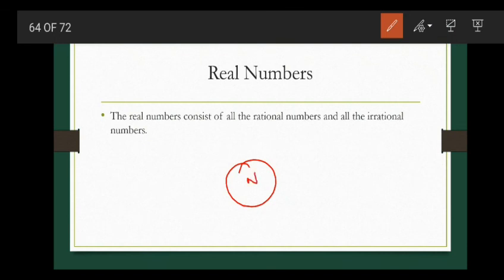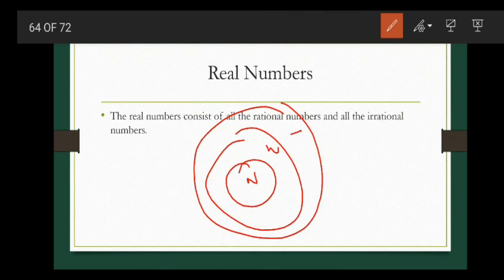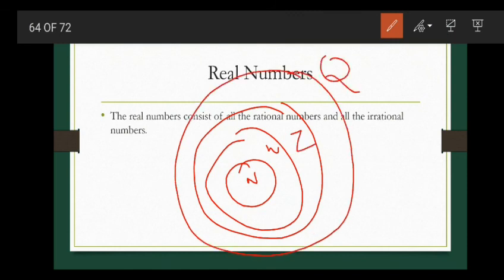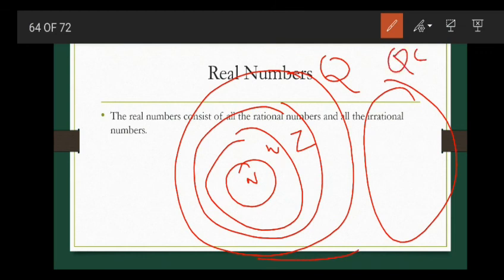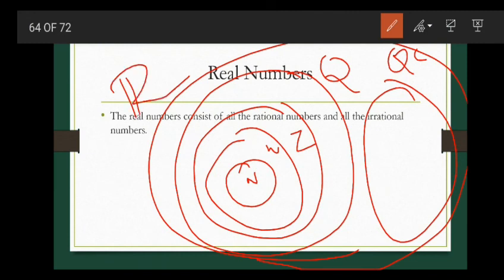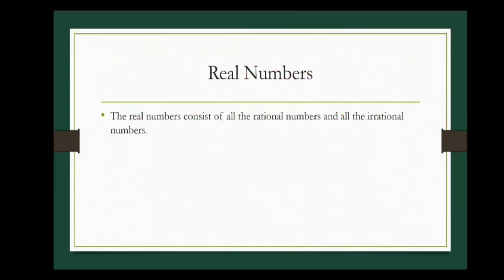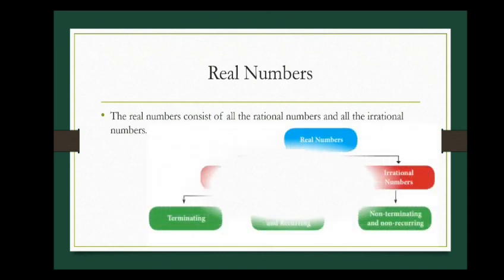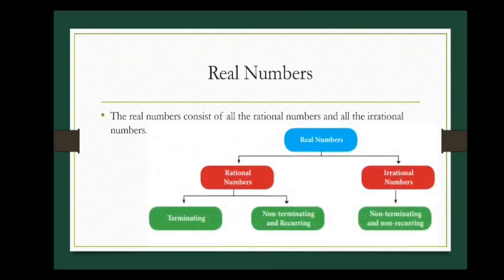This is natural numbers, whole numbers, integers, rational, then we have the irrational numbers set. These together we'll call real numbers. So real numbers are rational numbers as well as irrational numbers.